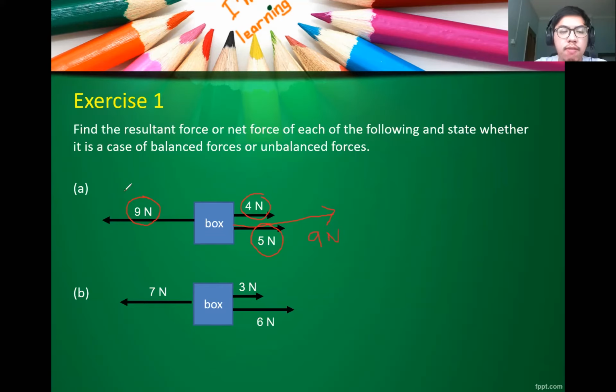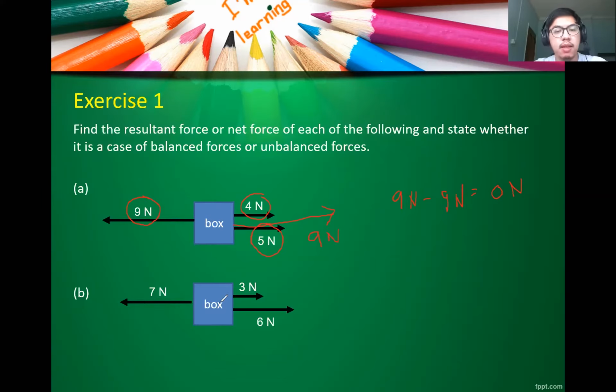You have 9 Newton to the left and a total of 9 Newton to the right, and these two forces cancel out each other. So 9 Newton minus 9 Newton is equal to 0 Newton, right? So there's no net force, because all the forces acting on this object are balanced.